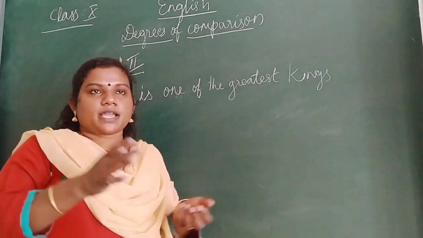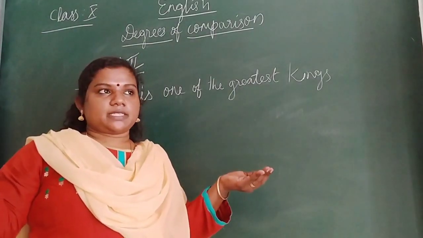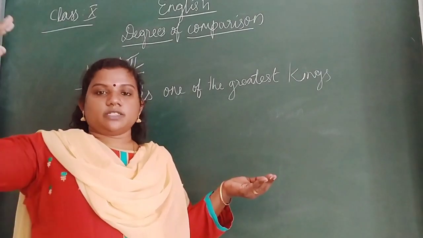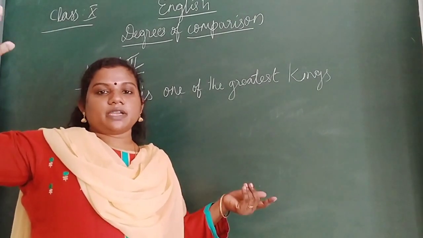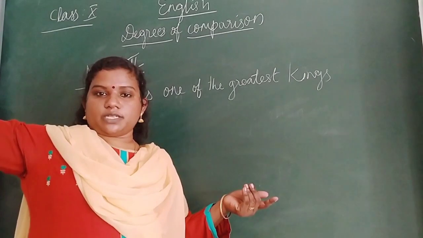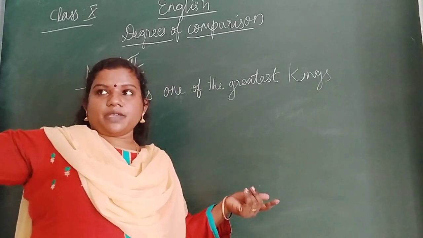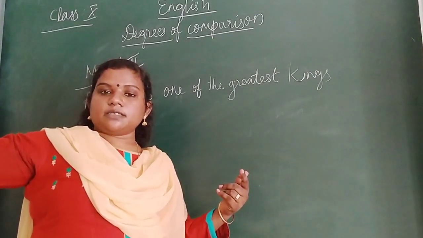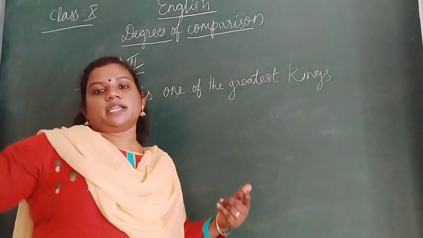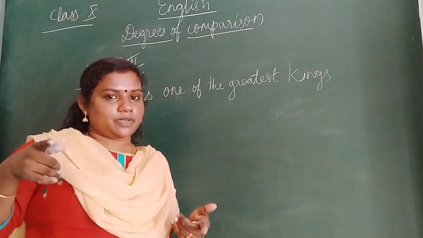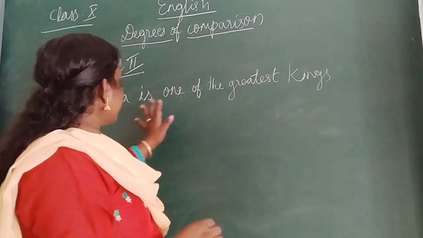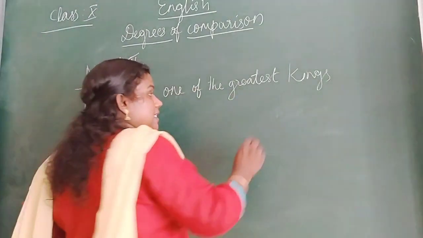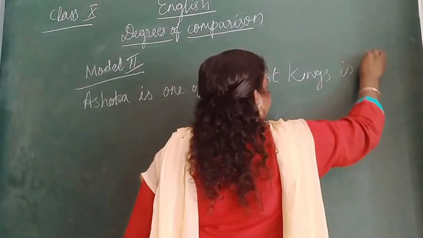That means if you are taking some examples of tall students, in our class many tall students will be there, and if you select any one boy, that boy is one of the tallest boys, clear students. The same way, Ashoka is one of the greatest kings in India.